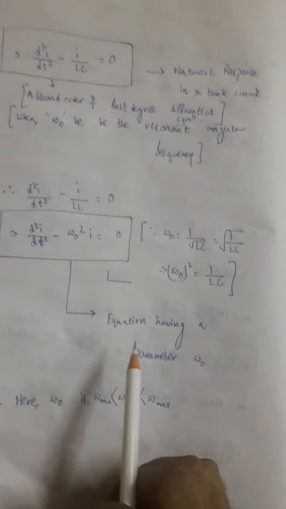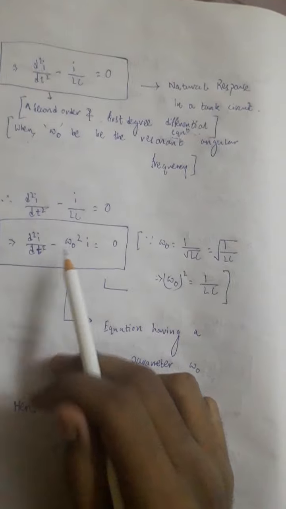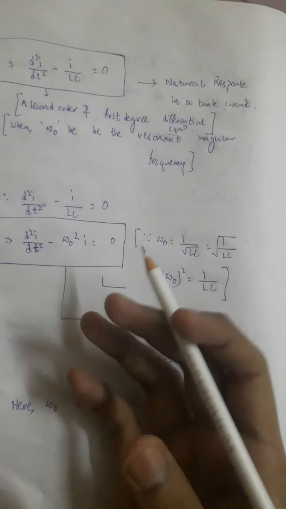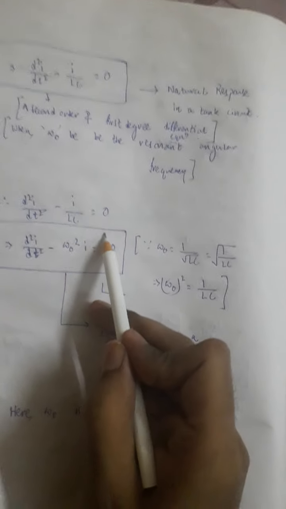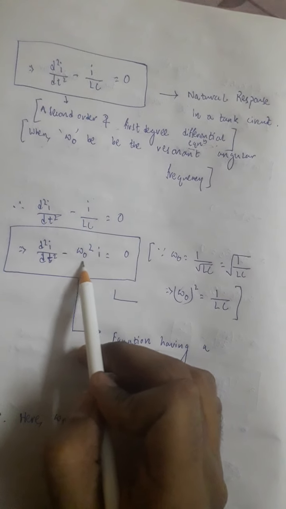So here the equation has a parameter omega naught. Okay, so that equation can be said to be a general equation where omega naught is the parameter.